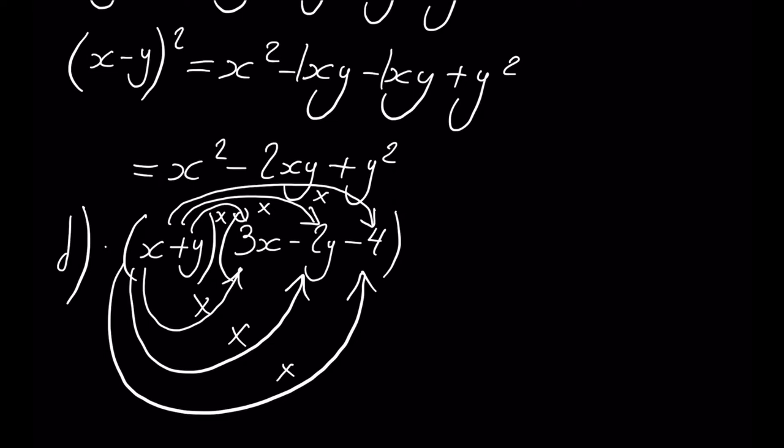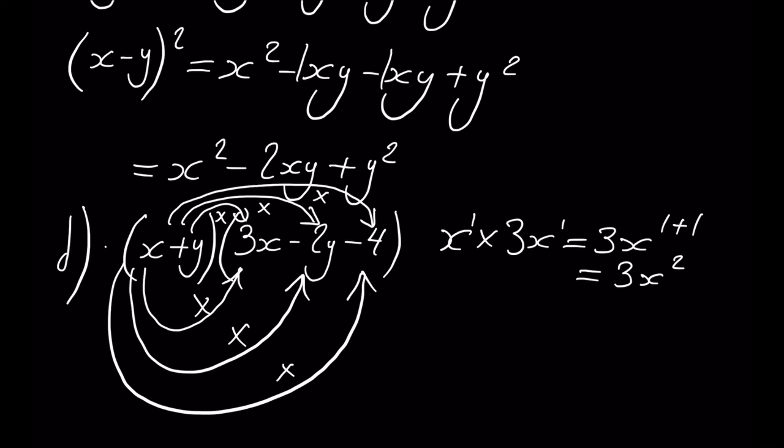So x times 3x, both of these x's are obviously raised to the power 1, and we end up with 3x raised to the power 1 plus 1, which is 3x squared.